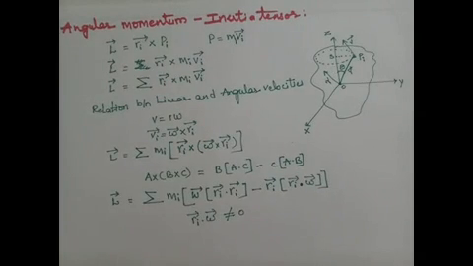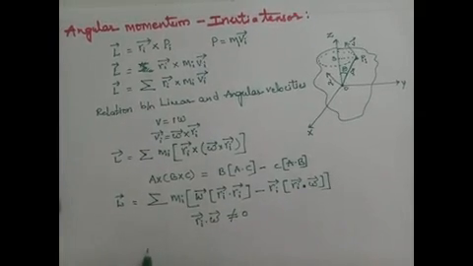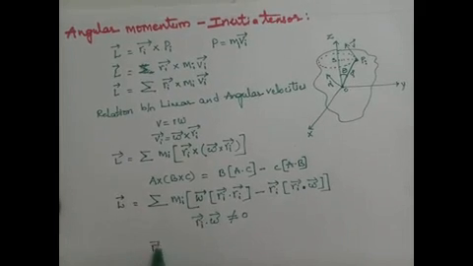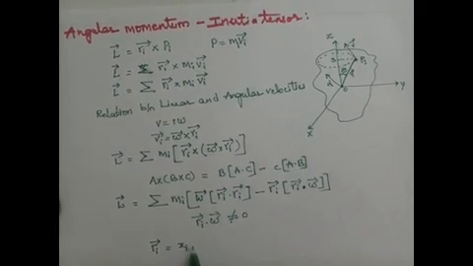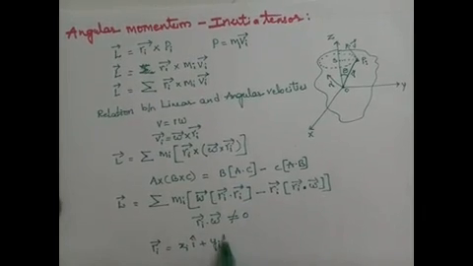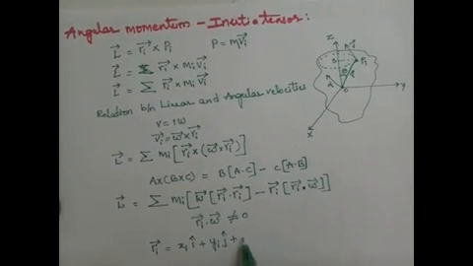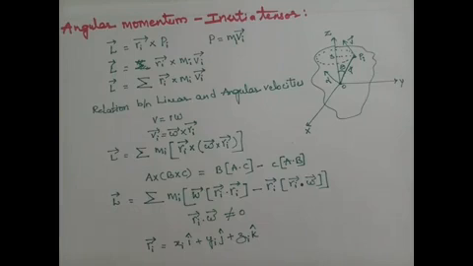Now let us see in this case. We know that ri bar can be written as xi i cap plus yi j cap plus zi k cap.